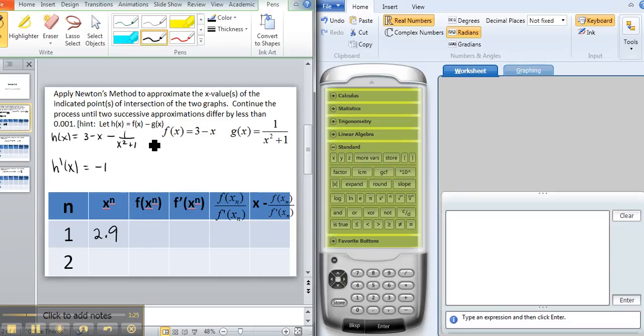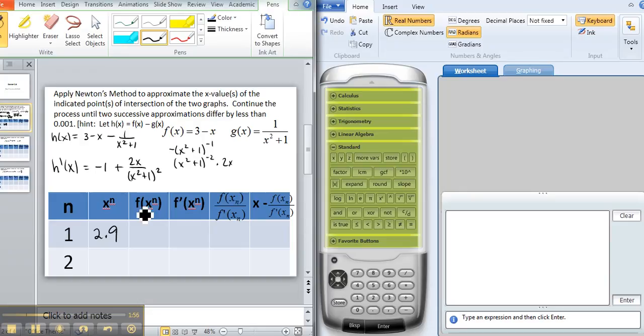I'll do this off to the side. You've got x squared plus 1 to the negative 1. You bring the exponent out front, which would make it positive, you rewrite it, and you lower the exponent by 1. Take the derivative of what's on the inside, which is 2x. So you end up getting plus 2x over x squared plus 1 squared.